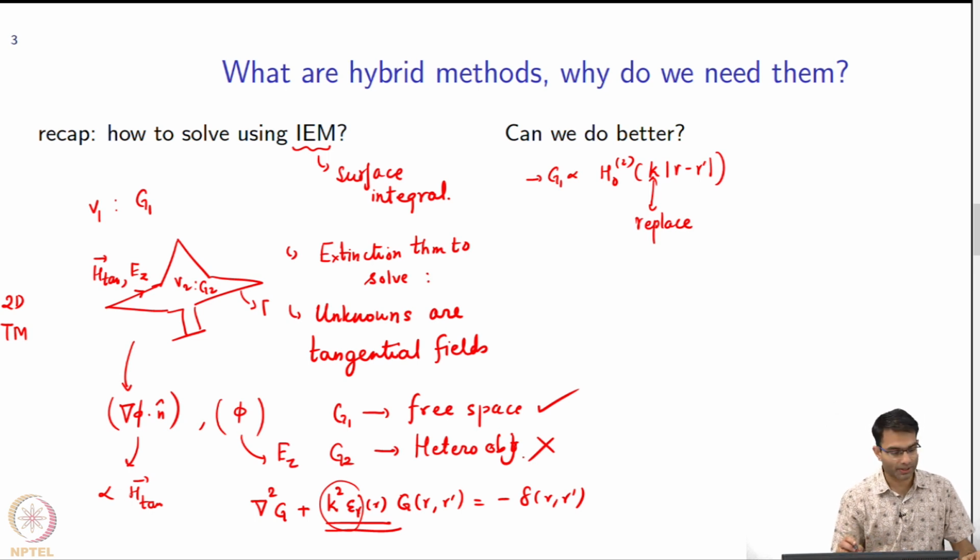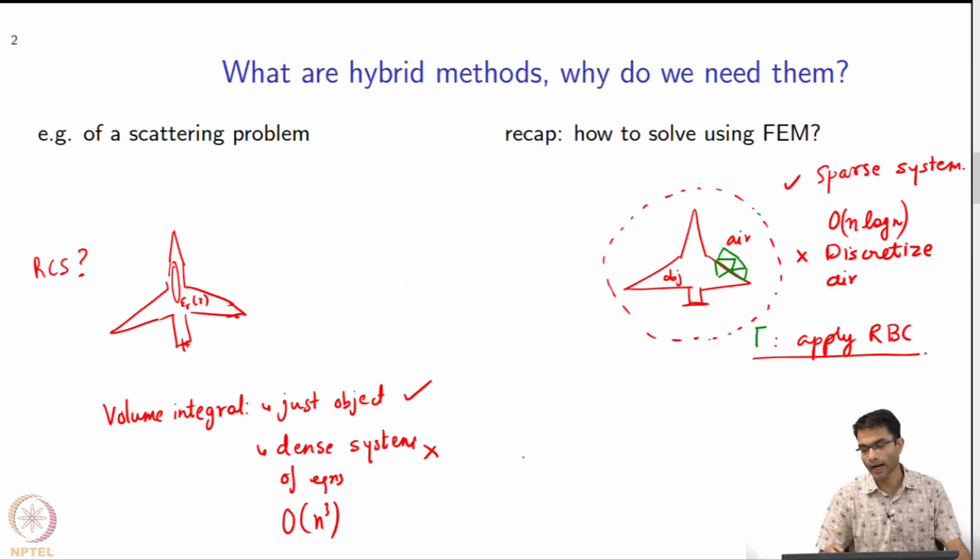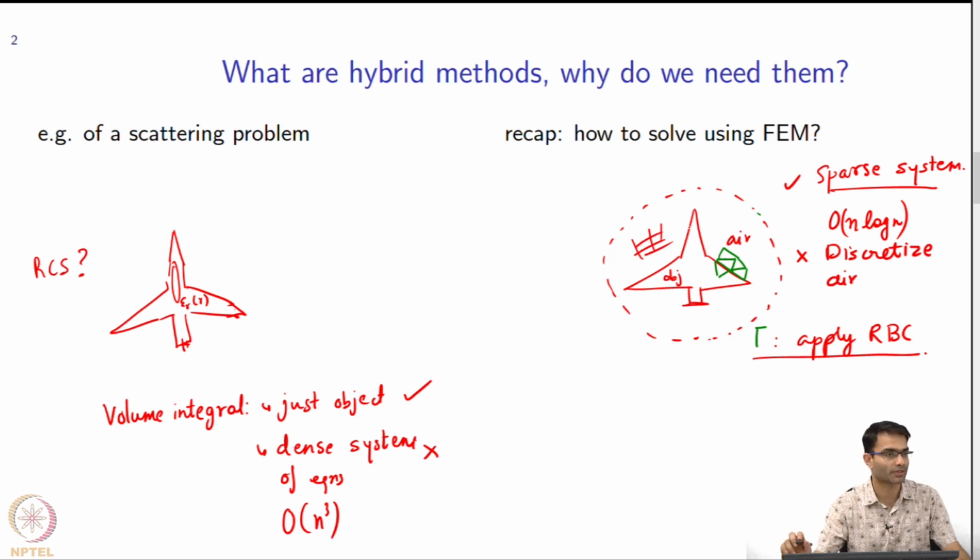Okay. So now the question is, if you look back, FEM had a very good advantage: it gave me a sparse system that can be solved quickly. But this extra air region had to be discretized. Apart from discretizing air, was there any other problem with it? What about the boundary?